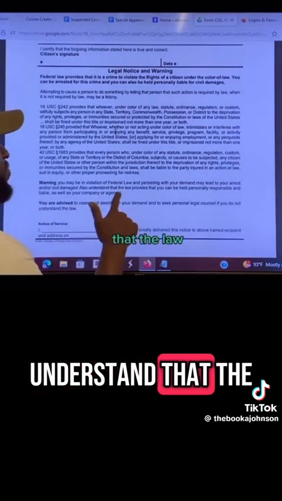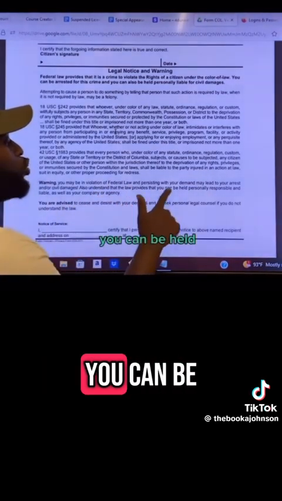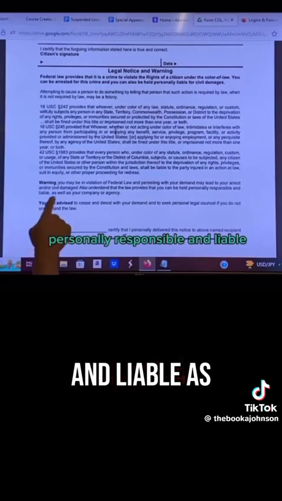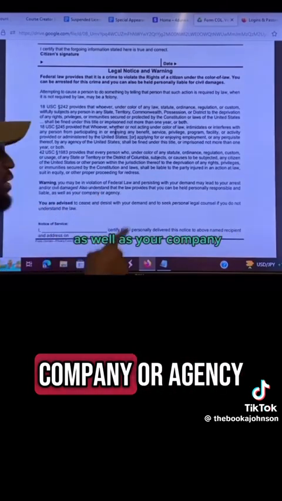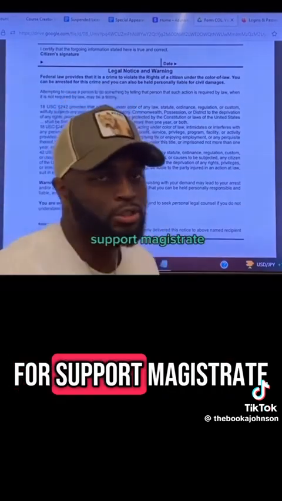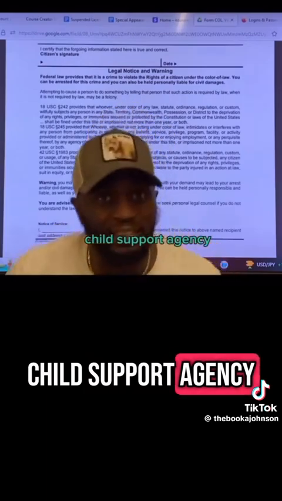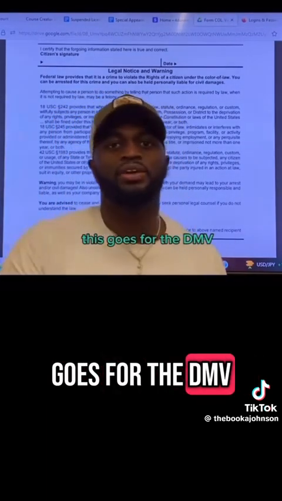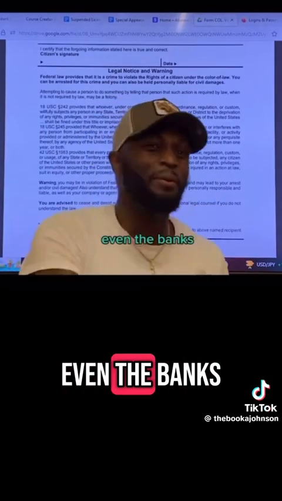Also, understand that the law provides that you can be held personally responsible and liable, as well as your company or agency. So this goes for the support magistrate, the child support agency. You understand? This goes for the DMV, the passport companies, even the banks.